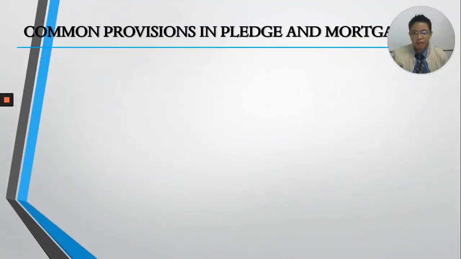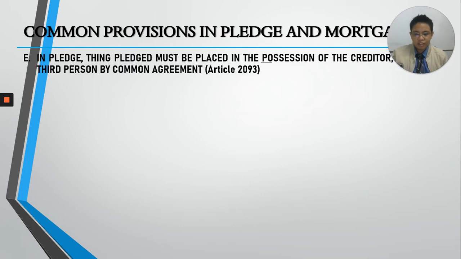Also, among the essential requirements is, in case of pledge, the thing pledged must be placed in the possession of the creditor or a third person by common agreement. So, very simple. Kasi nga, ang isang pledge ay real contract.